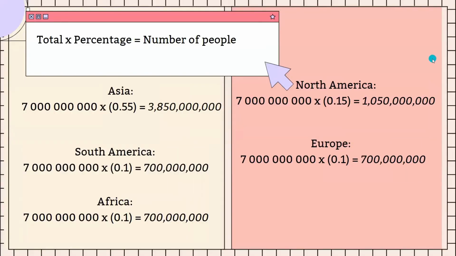For the solution to sample problem number 4, first take the total population, which is 7 billion, multiplied by the percentage. For example, Asia: 7 billion, the total population, is multiplied by 0.55, which is 55% in decimal. We get 3 billion 850 million people. Next slide, please.